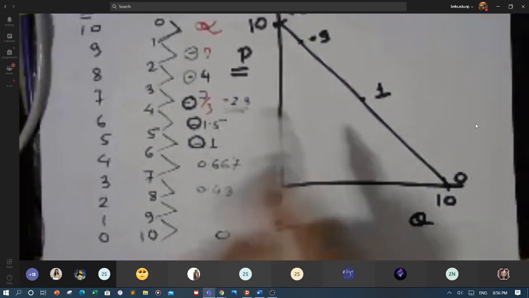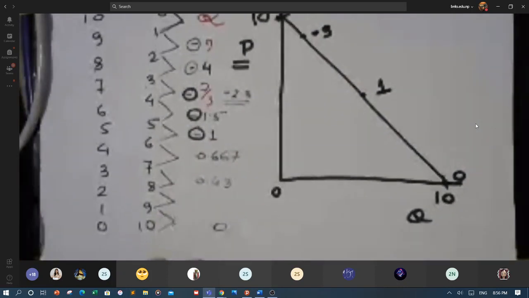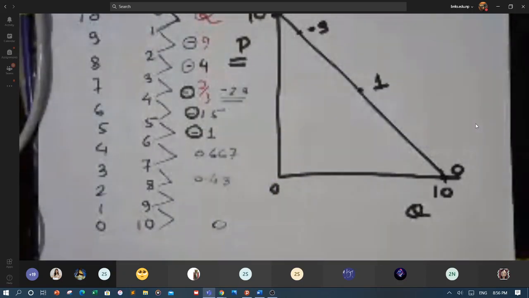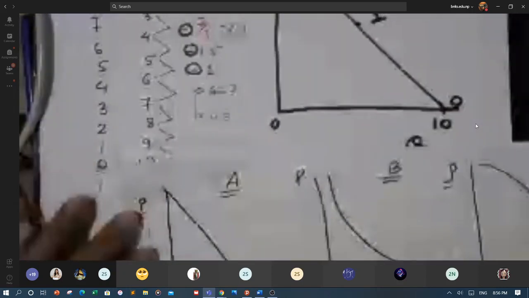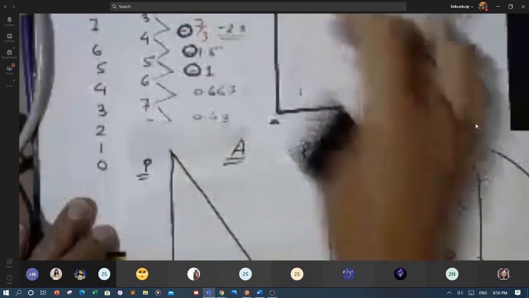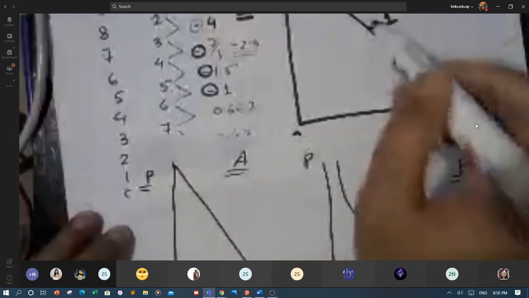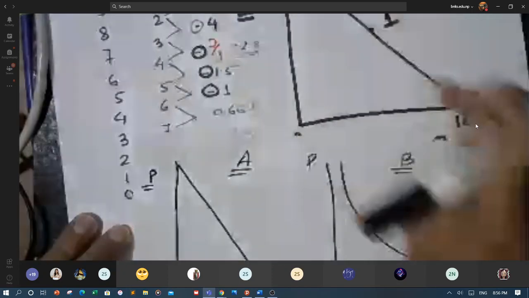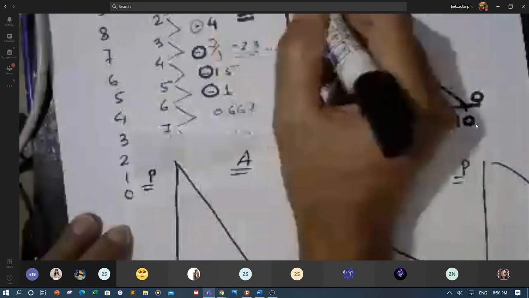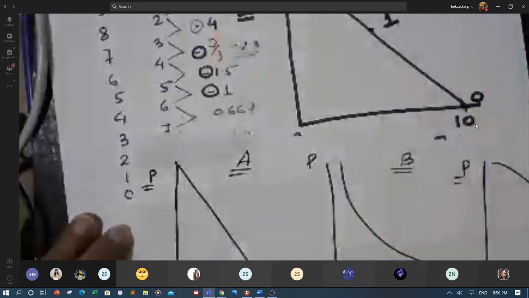A cannot be the answer. Whoever said A, it cannot be the answer. I think you didn't work on the assignment that I gave you. Are this and this figure identical? It cannot be. For the unitary, the value must be equal to 1 at each and every point. But here, we know the value keeps on decreasing.